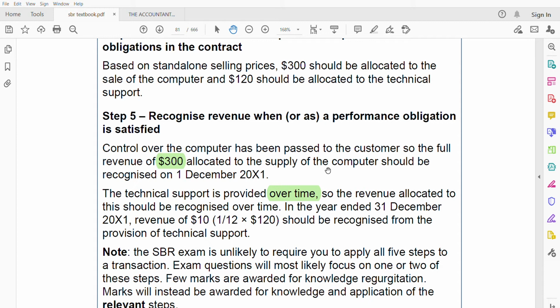Technical support is not like one time you are giving today, that's it. No, technical support over the 12 months you are giving the technical support. So it should be spread over the 12 months. The revenue. You understanding? It's like a depreciation. So the revenue allocated should be recognized over time. You have to recognize the revenue. So in the year end 31st December, out of 120 you only have to take for 1 month because that 120 is over 12 months. So only revenue of 10 you will recognize.